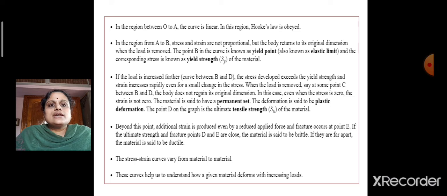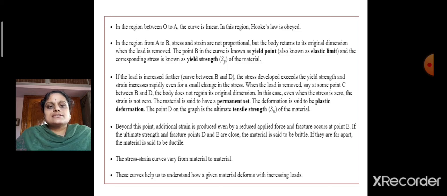If the load is increased further, that is the curve between B and D, the stress developed exceeds the yield strength and strain increases rapidly even for a small change in the stress. When the load is removed, say at some point C between B and D, the body does not regain its original dimension.